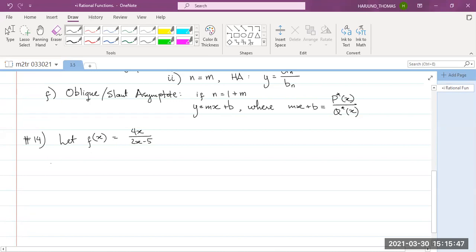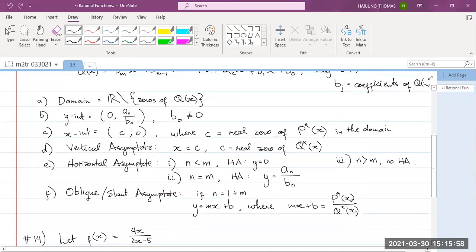We may do the sign graph first and then the full graph. But we will have other analysis after these 6 questions that we need to answer, like domain, y-intercept, x-intercept, vertical asymptote, horizontal asymptote, slant asymptotes.